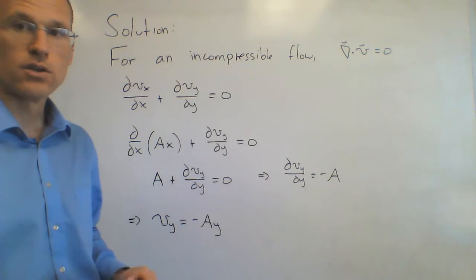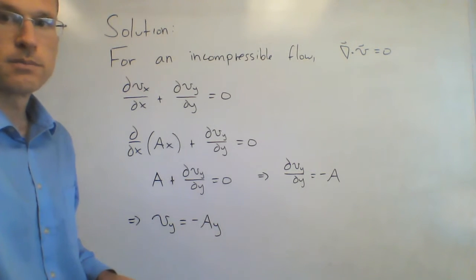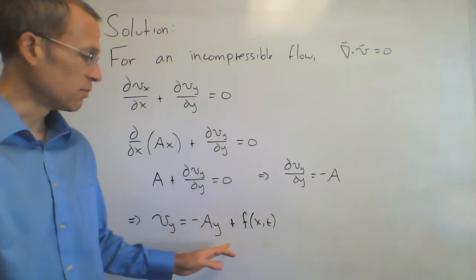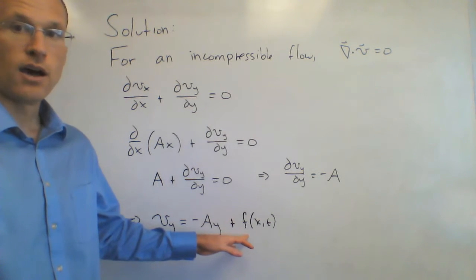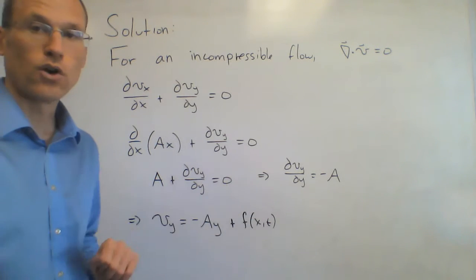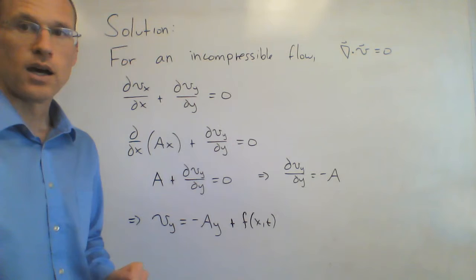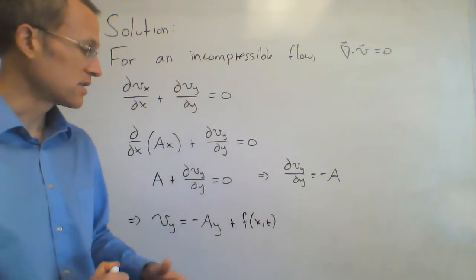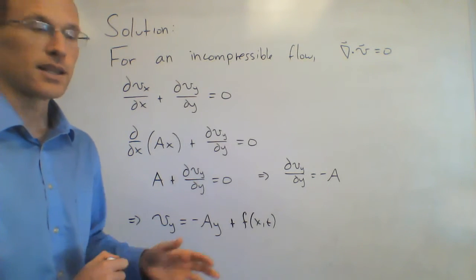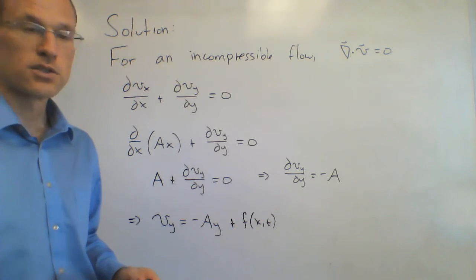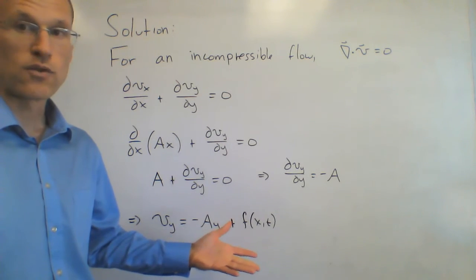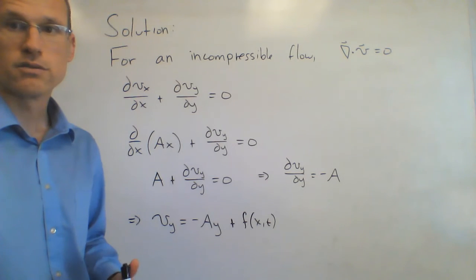So what I really should have is my original answer, vy is negative a times y, plus this arbitrary function of possibly x and/or t, because any one of those variables will go away when I take a y derivative. It's a 2D flow, so I didn't include z, but basically my arbitrary function should be anything that I'm not taking the derivative with respect to. So that's my full answer, and I can see from this that the arbitrary function can be whatever I want it to be. So infinite solutions, infinite possibilities.